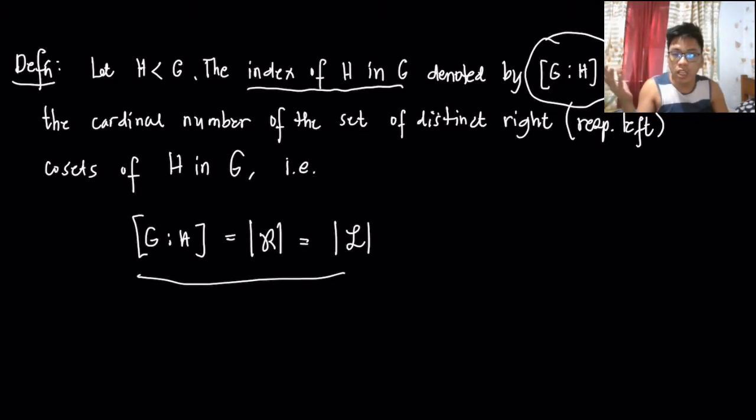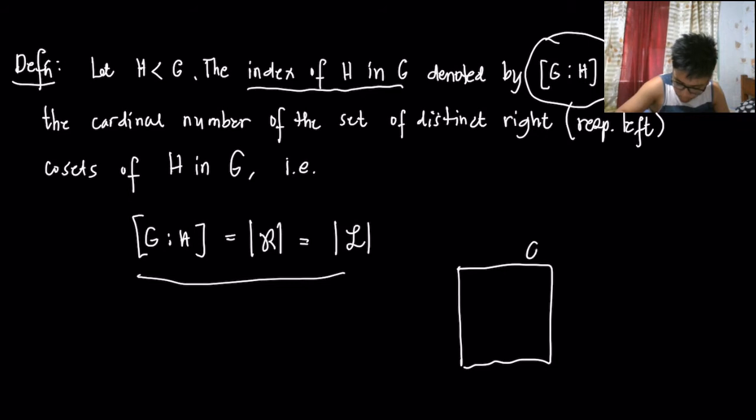So how do we intuitively understand this definition? Assuming that this is our group G, although it doesn't look that way in the sense of being a group, just for the purpose of illustration, suppose this is our group here, and this is our subgroup H here.